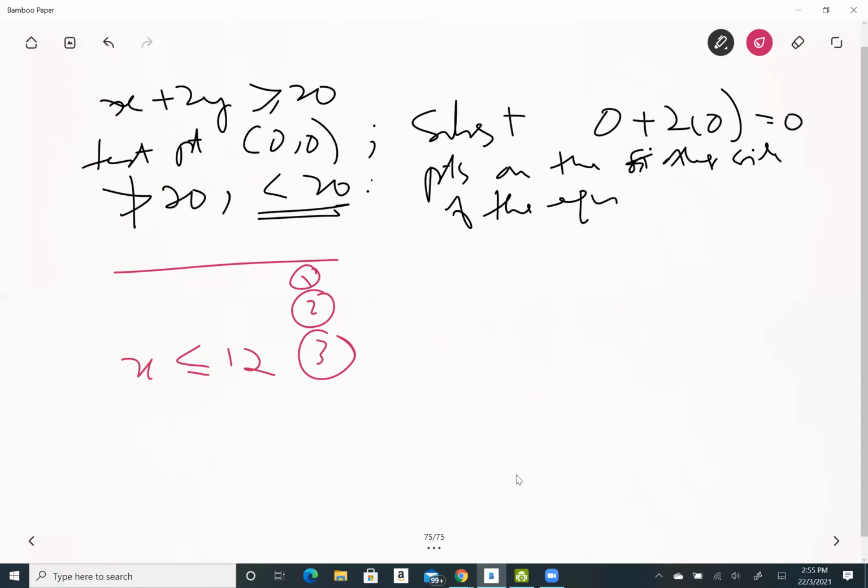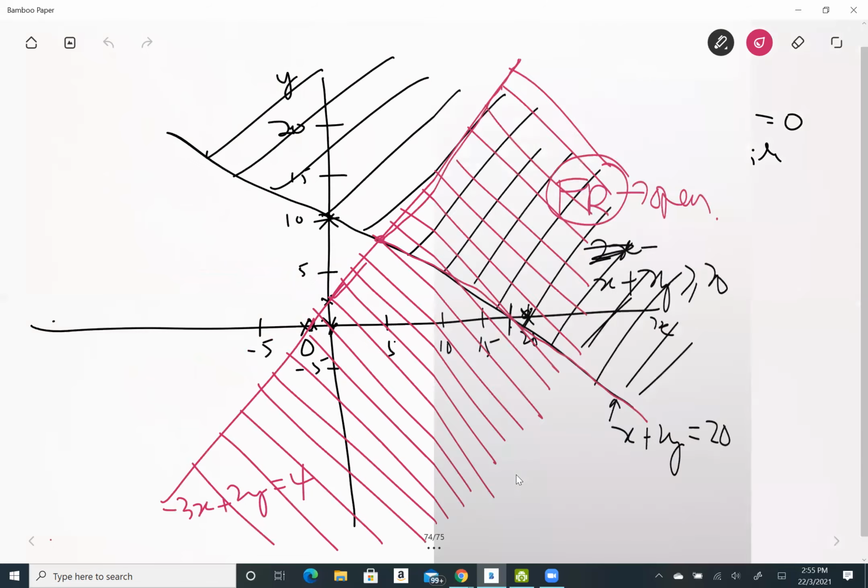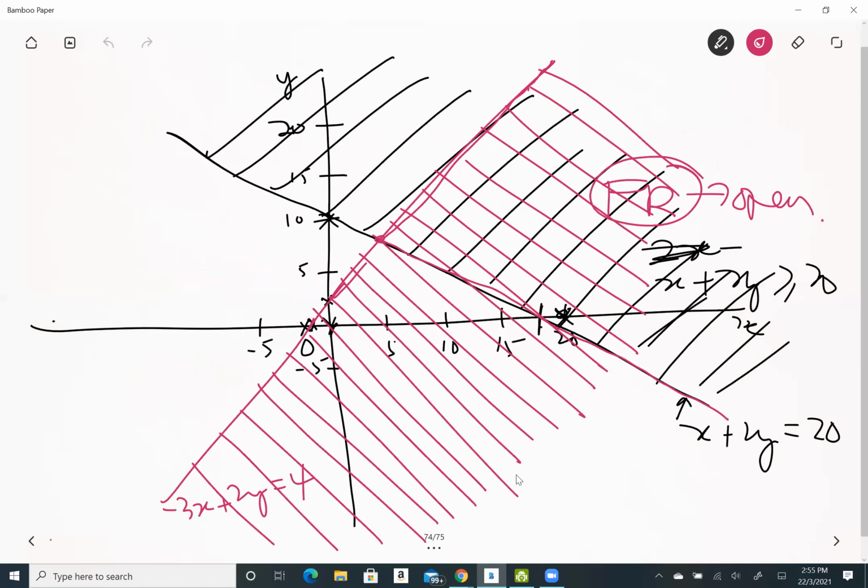It is still an open area, sir. Hah? Still open? Okay, tengok balik. Kemana? X equal to 12. X equal to 12. Is it a horizontal line or a vertical line? Vertical. X equal to 12, vertical line.